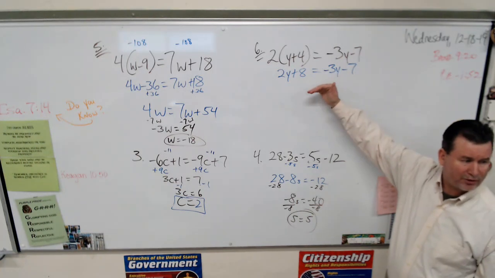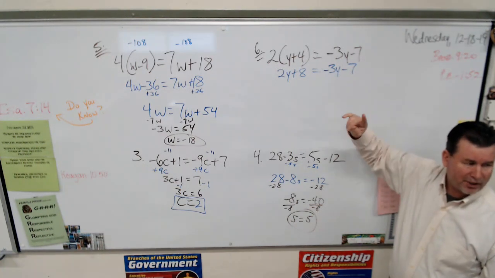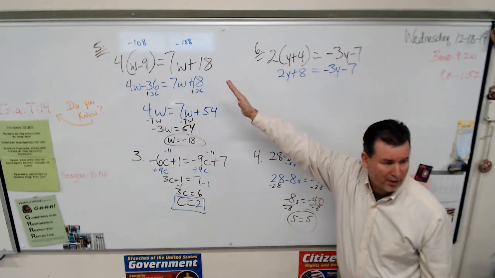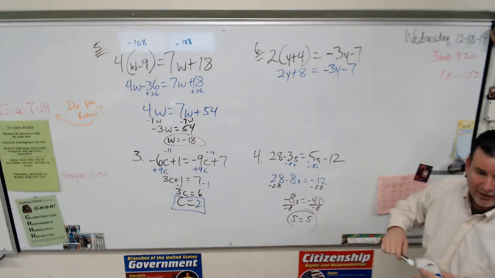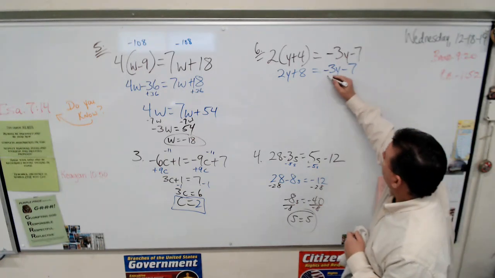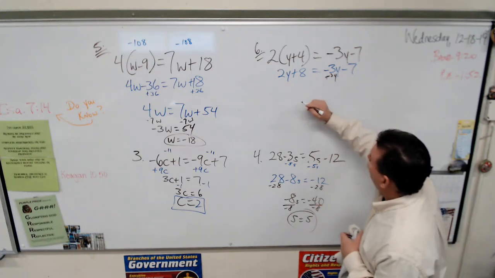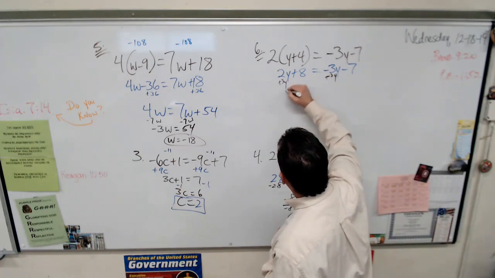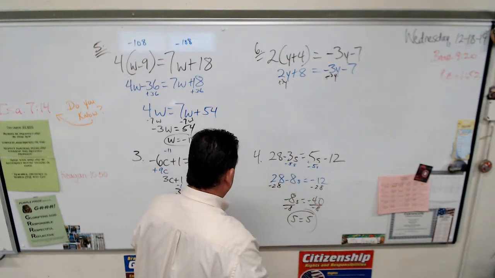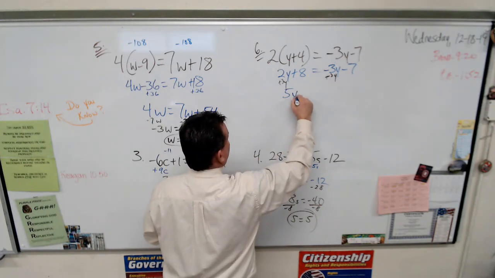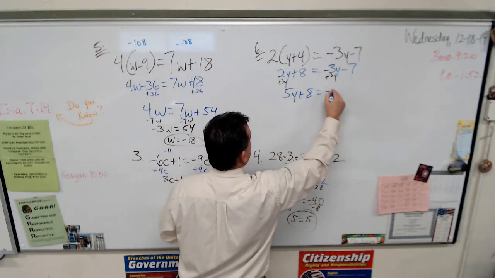I'm going to put them on the left because it's going to make my y term positive, because I'm getting rid of the negative 3y by adding 3y. So if I add 3y here, now I've got 5y plus 8 equals negative 7.